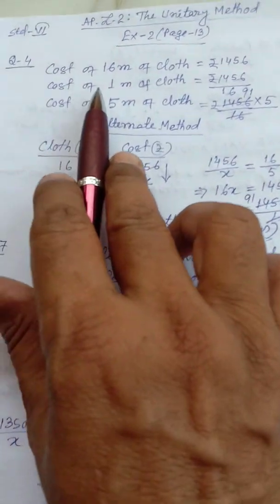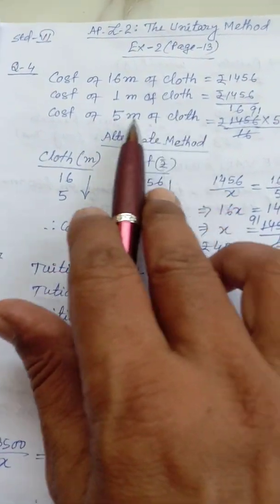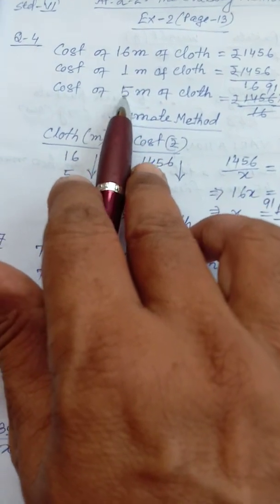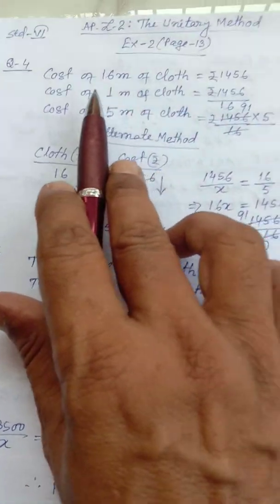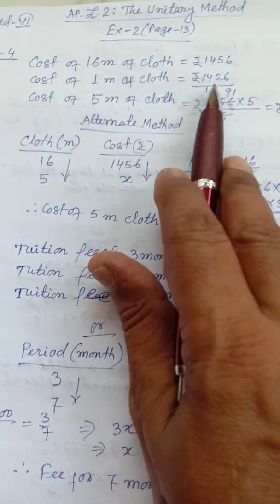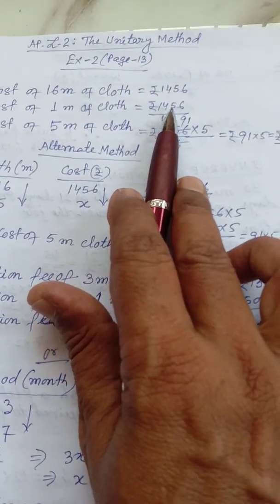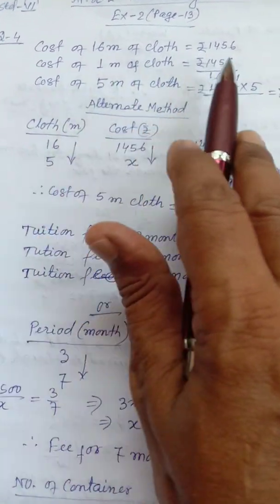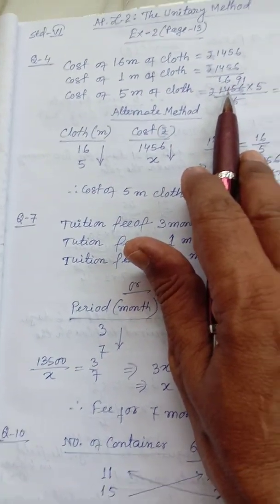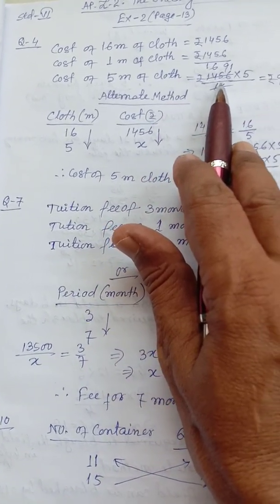Now cost of 5 meter cloth, see, from 1 to 5 it is increasing, so it will be multiplied. In direct variation sums, due to decrease, the relative quantity also will decrease. That means it will go with the denominator. Due to increase, the relative quantity also will increase, that will go with the numerator. It will be multiplied with the numerator.